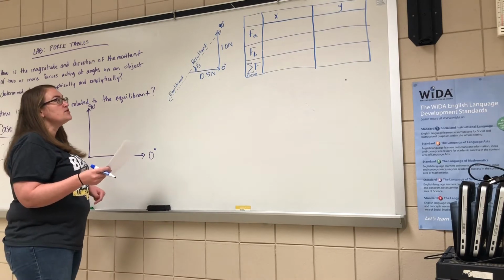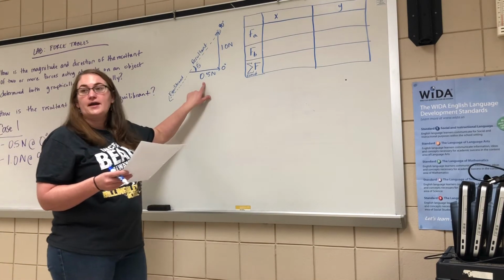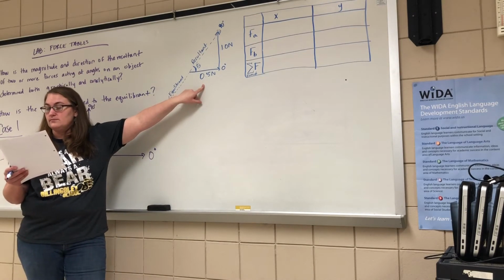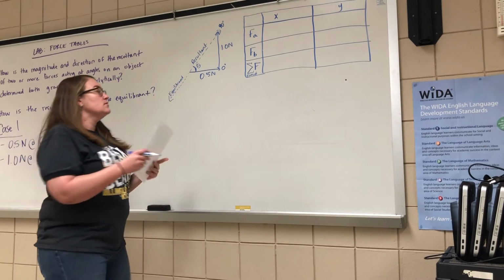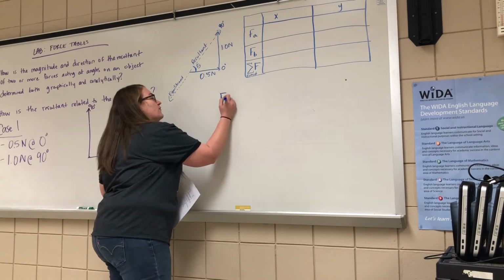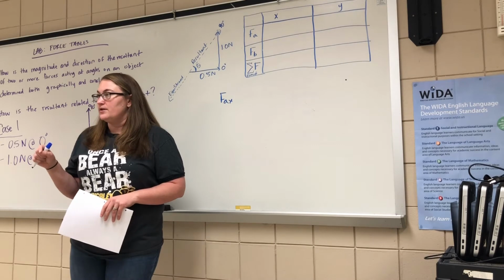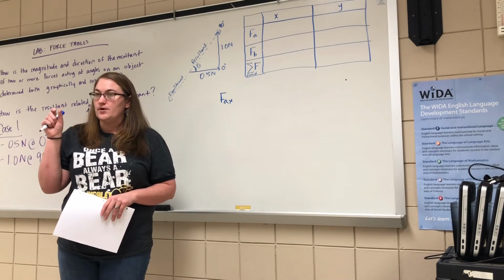All right, so we're going to start and just focus on force A right now. So force A is this 0.5 newtons. We're going to write that force A, and we're going to break it down, because remember, vectors can be broken down into two parts, the X component and the Y component.